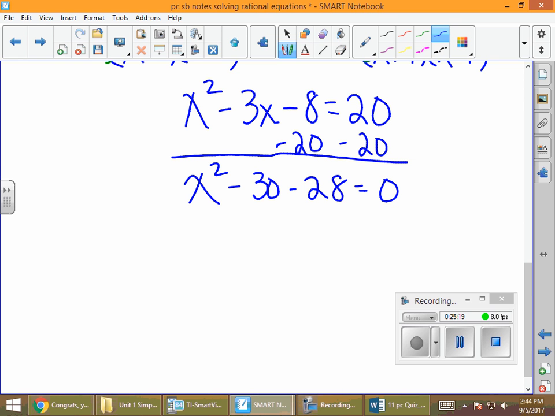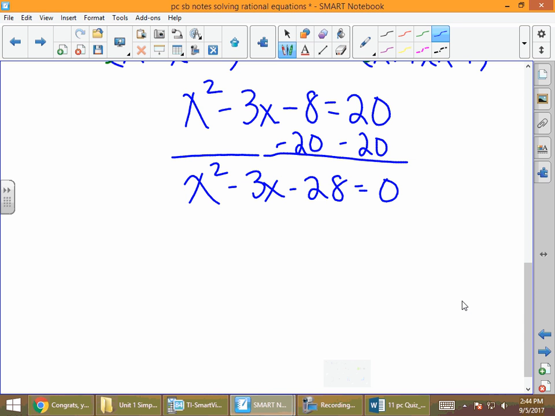Remember, I've got to get it set up so we can factor. And the factors of 28 are 1 and 28, 2 and 14, 4 and 7, and we ask ourselves, do any of those combine to be 3, either adding or subtracting, and they will.